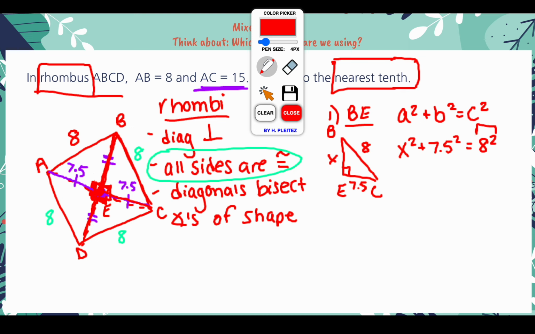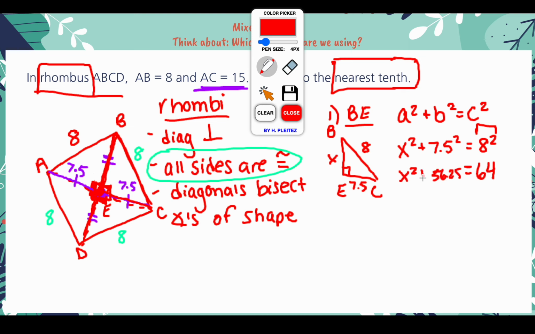And I have a calculator handy on the other screen. So 8 squared is, not obviously, but I can do it in my head, 64. And then on this side, let's do 7.5 squared, and we get 56.25.